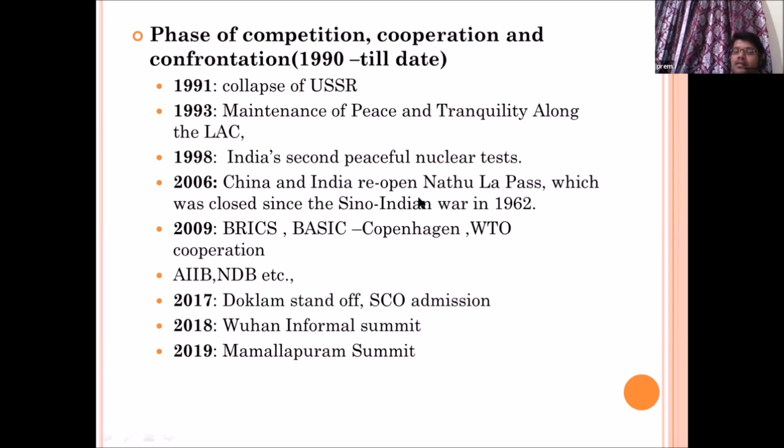And then slowly, once this cooperation is stabilized and the international order is being changed, in 2017 one significant event happened. I guess most of you would know by this time, that is the Doklam Standoff.